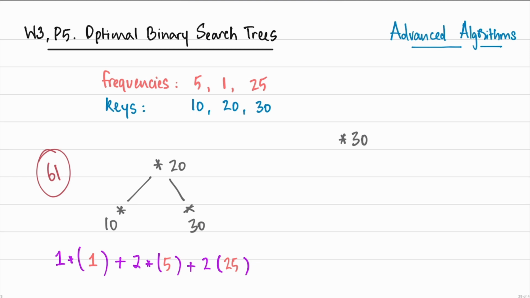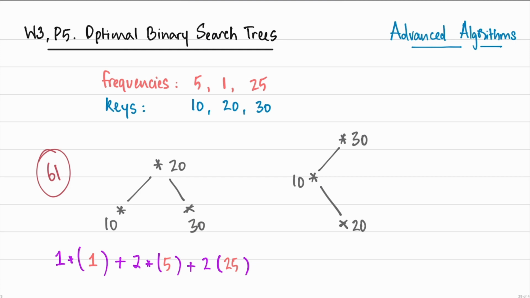Well, to build out this BST further, we could either try to insert 10 first and then 20, or the other way around. Let me try to insert 10 first, because again, there's some intuition about this being the next most frequently accessed element, so I want that to be as close to the root as possible. 10 being less than 30 will land up on its left, and then finally we have 20, which will end up as the right child of 10.